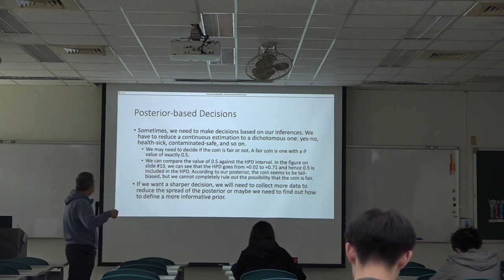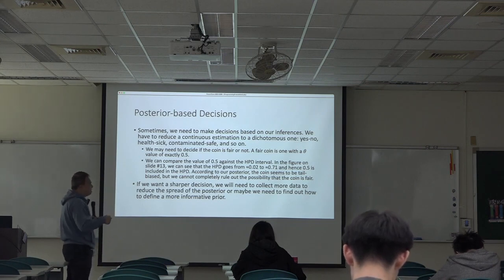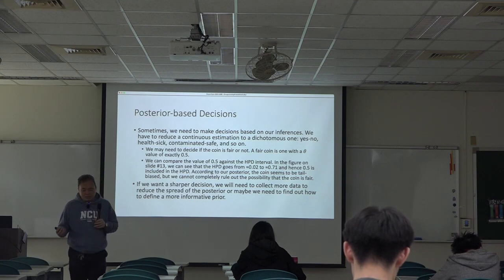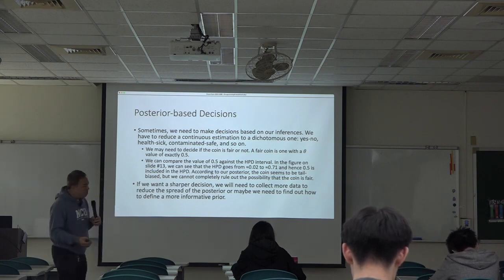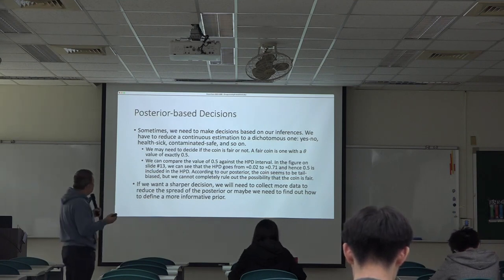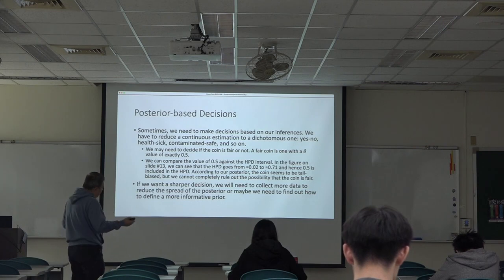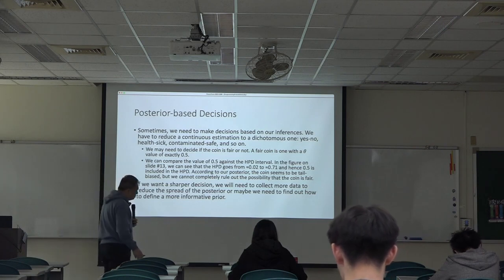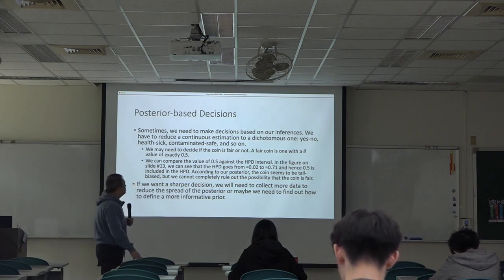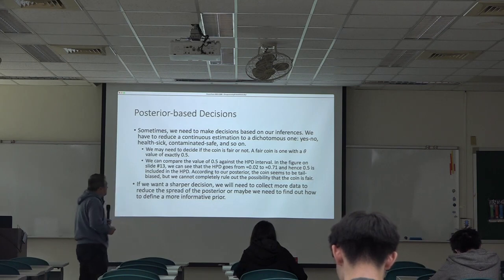But after we get the posterior, a lot of the time we need to make decisions based on our inferences and analysis results. The analysis result is a posterior distribution, but some decisions that we want to make are dichotomous.